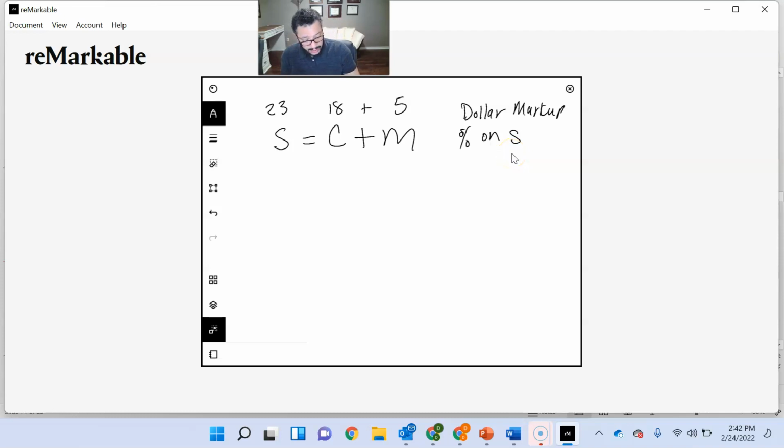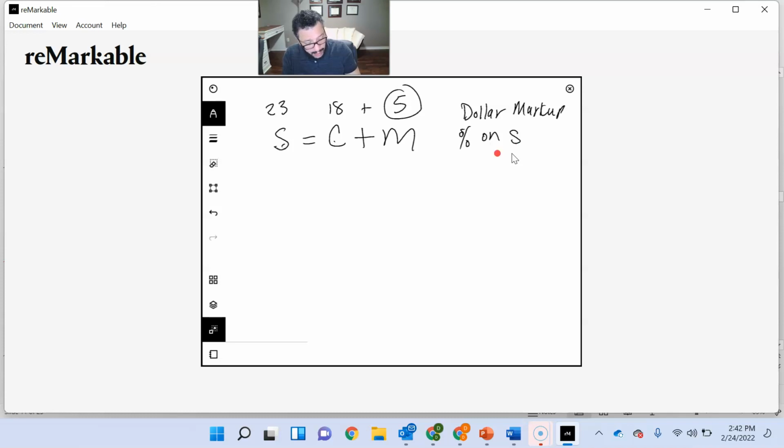All right, well, we know that if we sell this for $23 and we get it for $18, that's the reason why they did the formula, right? So we know that this must be $5, right? So, dollar markup is going to be this minus this, right? So dollar markup is going to be $5.